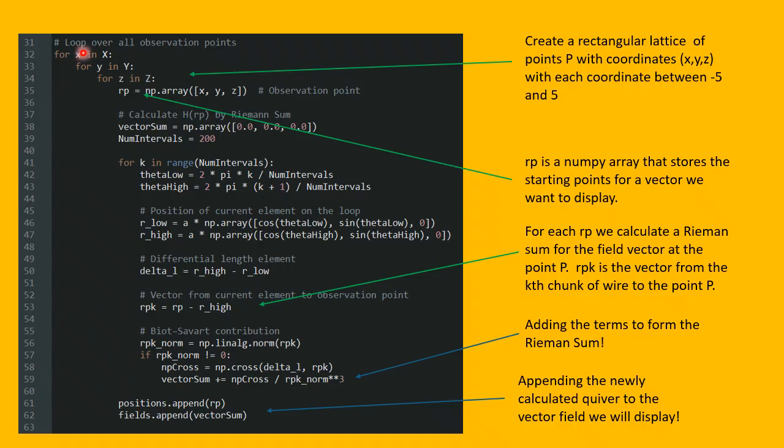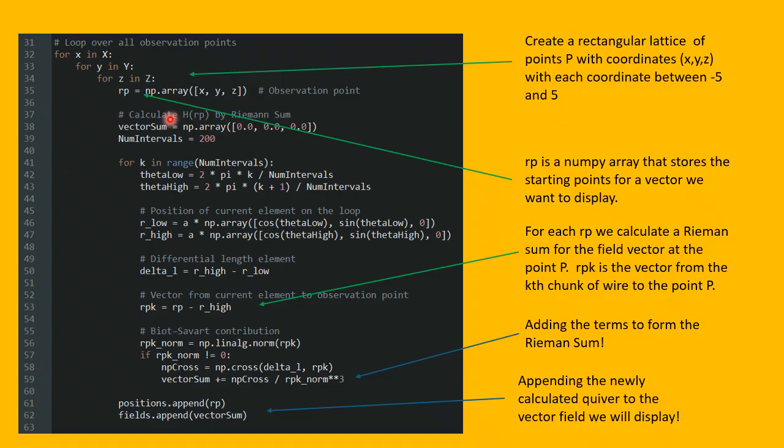So after we set up a value for x, y, and z in this big loop, we'll let RP be the array having the values x, y, and z in that array. So basically this is going to point to some point out in space, which we can think of as a point P.